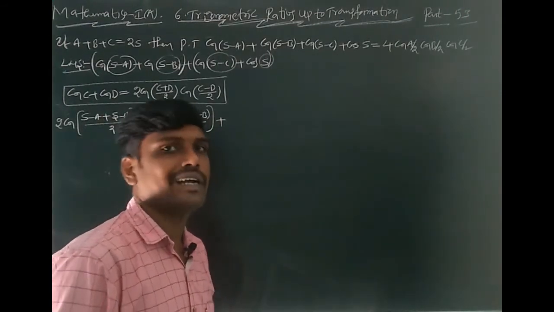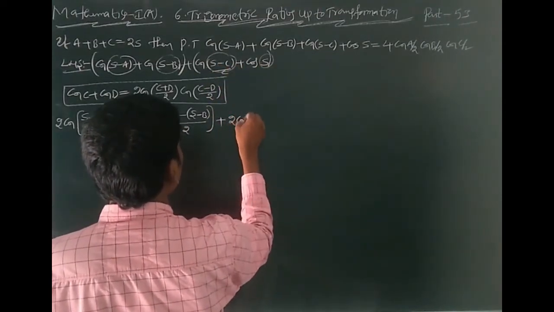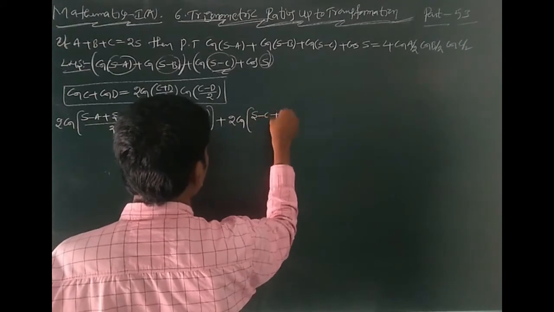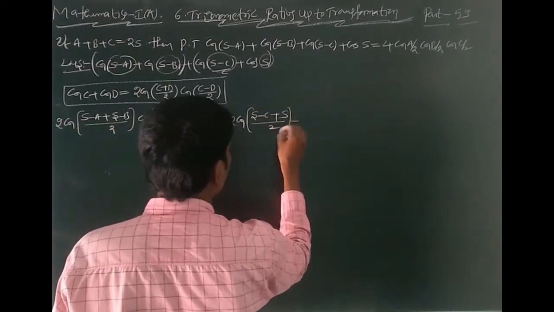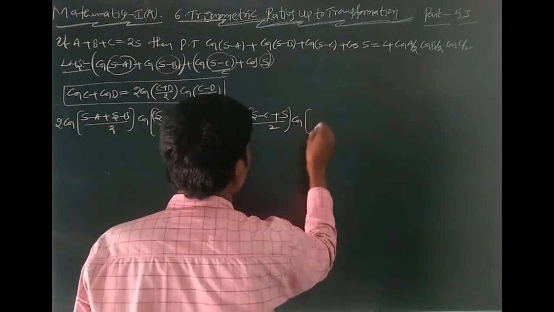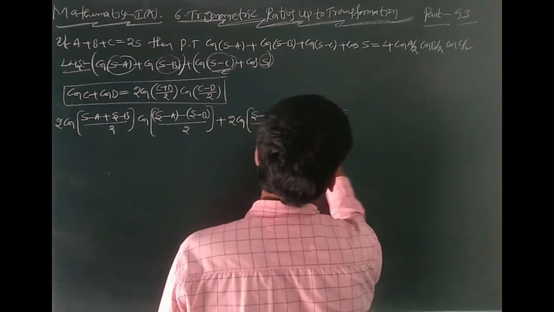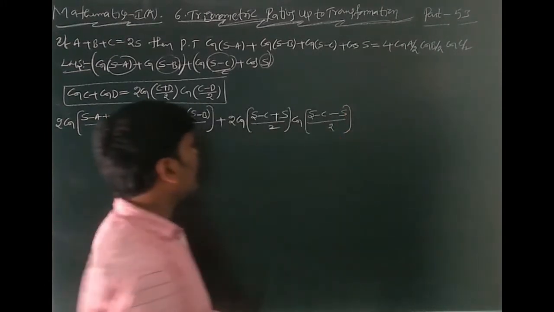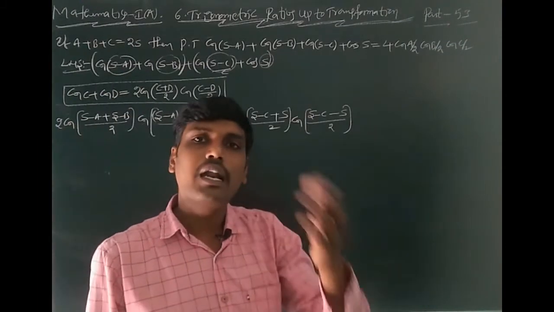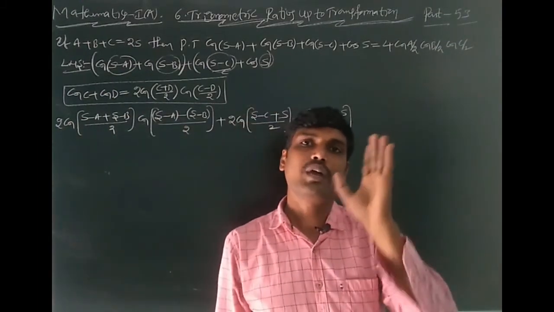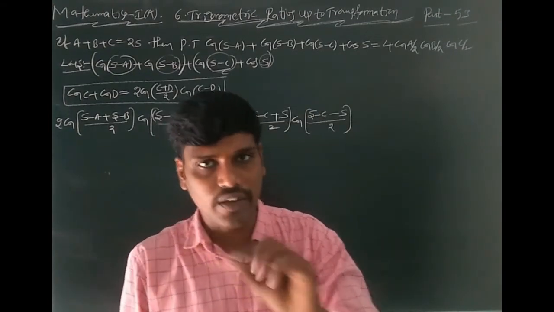Now go to the second term. Here c is s minus c and d is s: 2 cos of ((s minus c) plus s) by 2 into cos of ((s minus c) minus s) by 2. You can write these 2 terms in the formula cos c plus cos d. The remaining 2 terms you can also write with the same formula, but the c and d values are different.